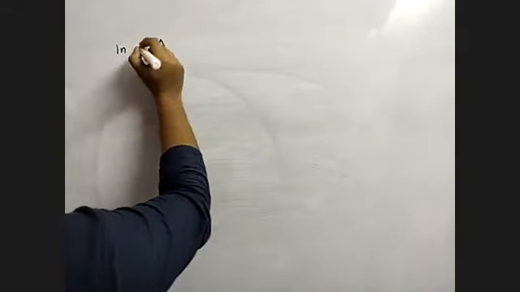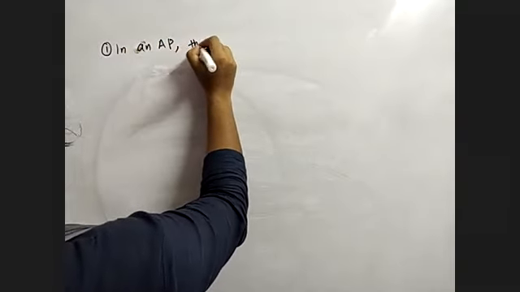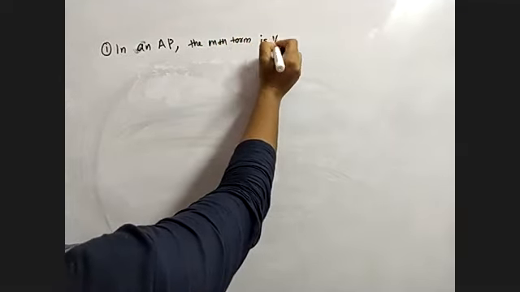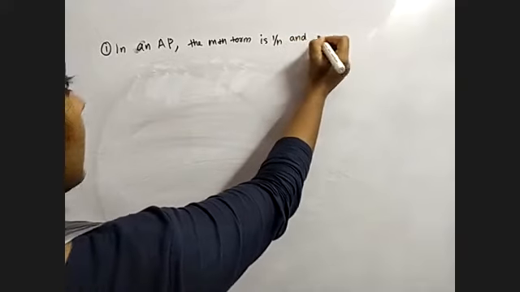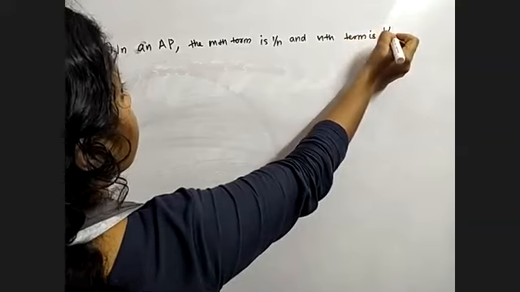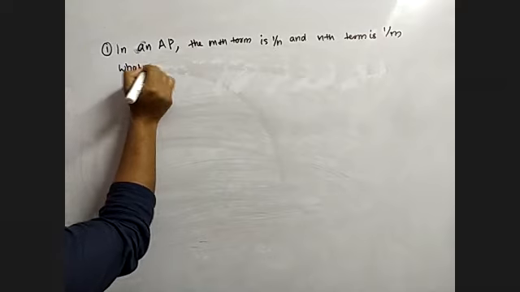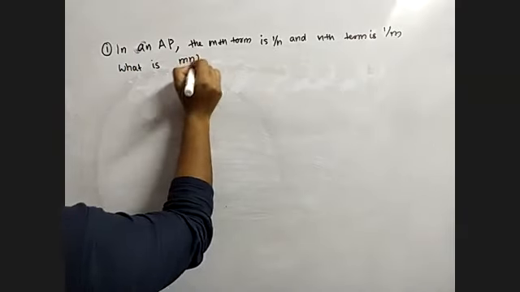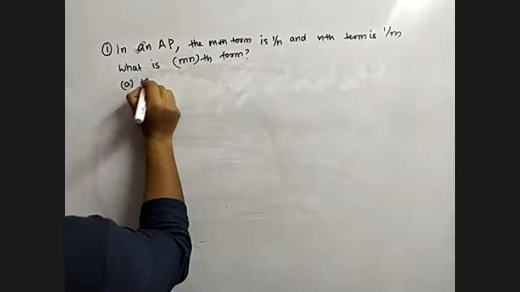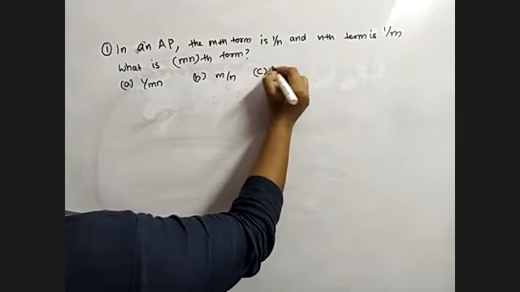In an AP, the mth term is 1 by n, and the nth term is 1 by m. What is the mnth term? Options: 1 by mn, m by n, n by m, 1.